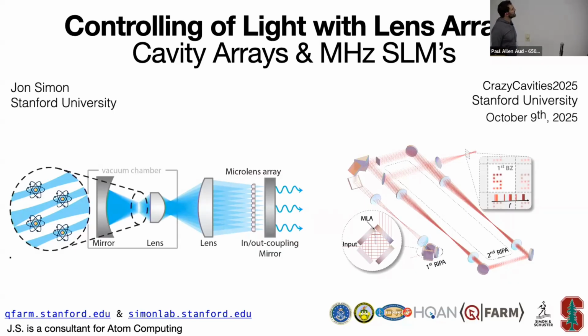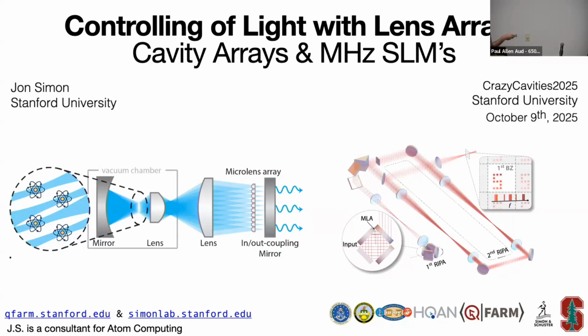So what I'm going to tell you about today at a granular level is two projects that are ongoing in my group and in my collaboration with Dave Schuster's group, making arrays of optical cavities and making megahertz update rate spatial light modulators.